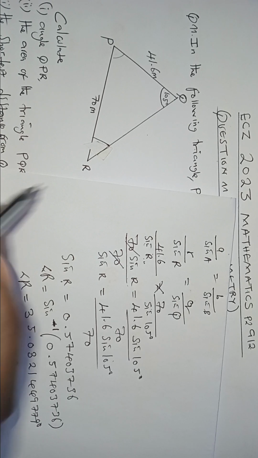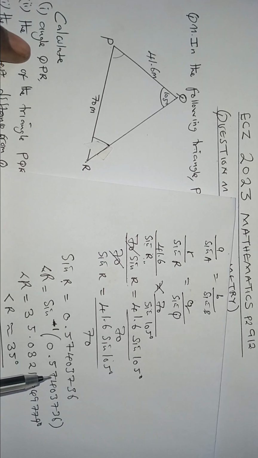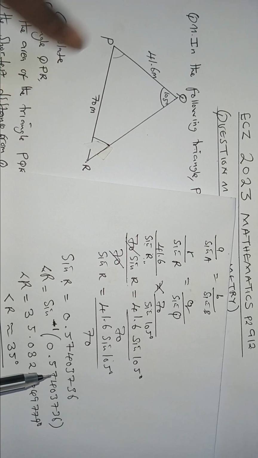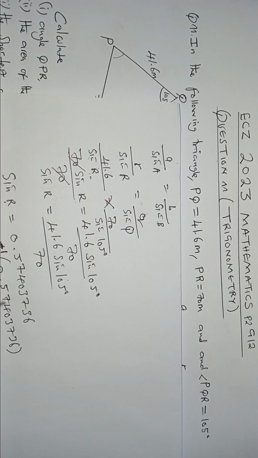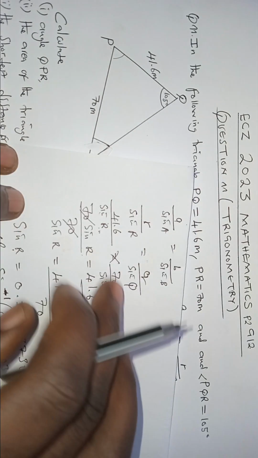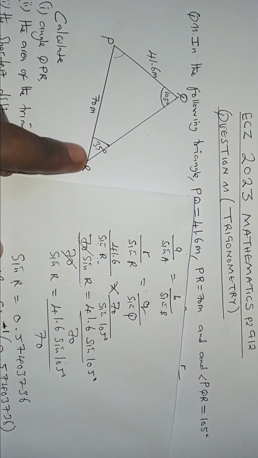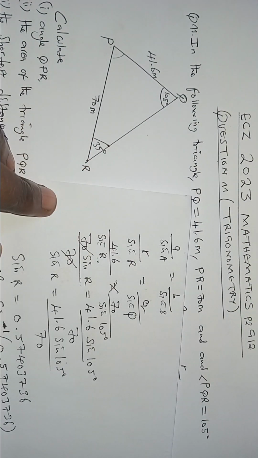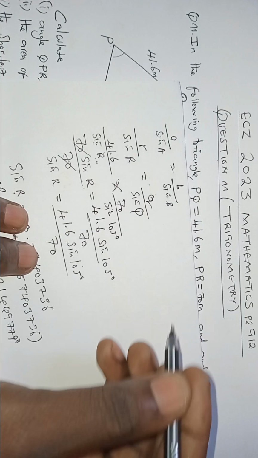So this is the angle at this point. Okay, but the question is asking you to calculate the angle QPR at this point here. So from there, we can actually substitute this in the triangle. So we are going to have this angle as indicated.